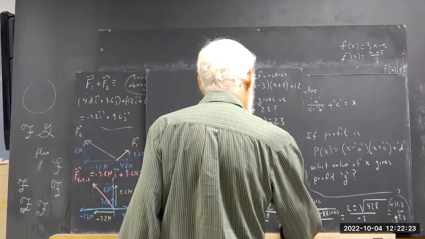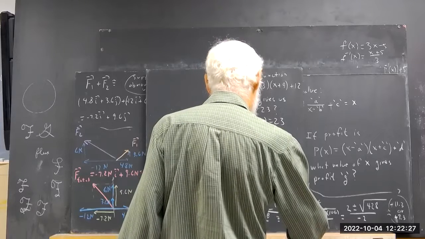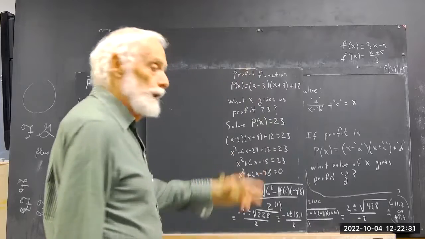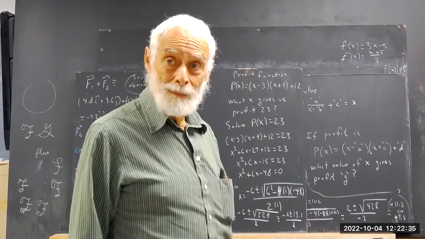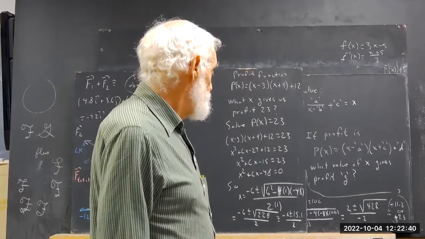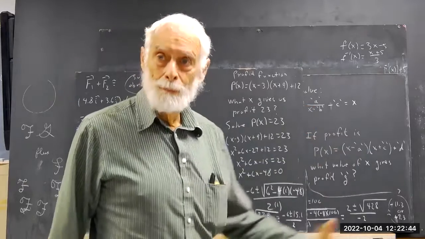So this is approximately -6 plus or minus 15.1 divided by 2. You get your numbers. The positive number is the one that you want if you assume that x has to be positive.